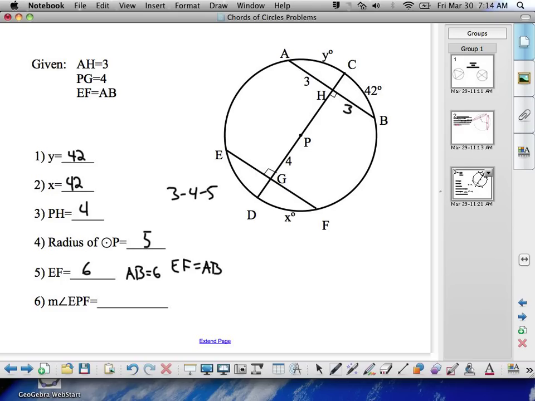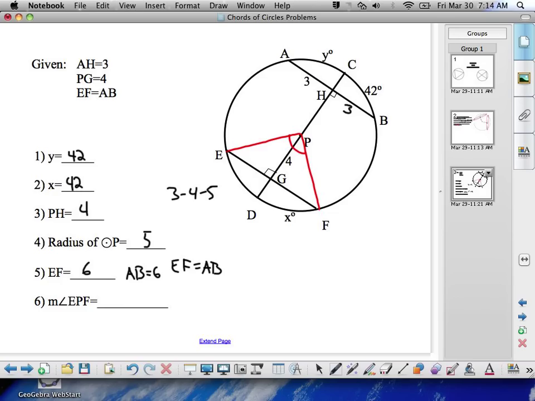Following it says find the measure of angle EPF. Well, that angle's not in there, so let's draw it first off. To find this angle, that's a central angle. And we know that central angles are equal to their arcs.